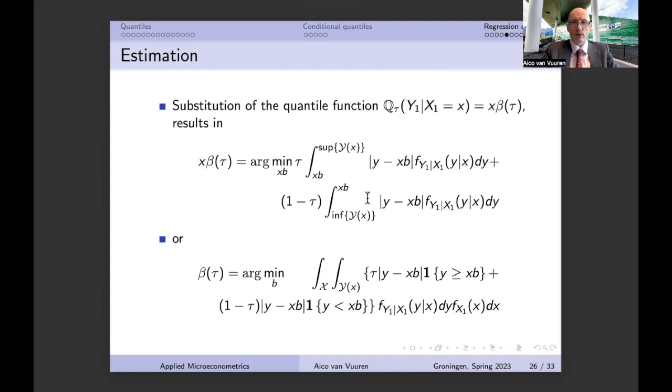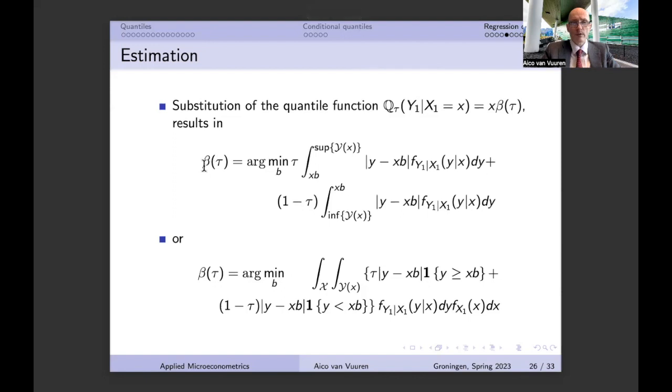But if this is true, then for sure it should also be the case that we can take out the x, because x is just a number. If we multiply that, then we can still minimize, but now with respect to beta tau. So what we then want to do is minimize with respect to beta tau, and here we minimize with respect to b. So we could also do this thing that we have over here.